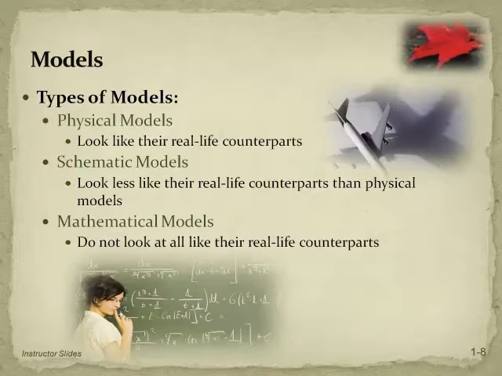And in the schematic model, he will have represented by different electronic components, different symbols that are connected together. We also have mathematical models. So this particular slide shows a very complex calculus mathematical model. So mathematical models, they certainly do not look like the real object that they're representing, but they help us to represent those elements that go into that model.